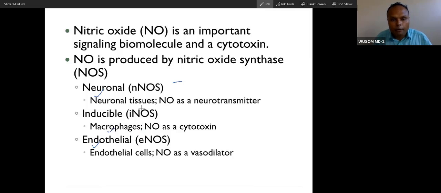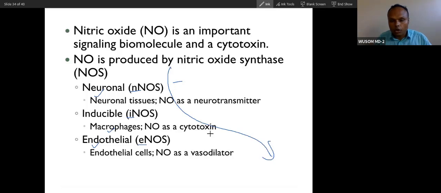So these three types of nitric oxide are synthesized. Nitric oxide synthesis is a very important process, and it happens through the enzyme nitric oxide synthase. There are three types: nNOS, neuronal nitric oxide synthase; iNOS, inducible nitric oxide synthase; and eNOS, endothelial nitric oxide synthase.